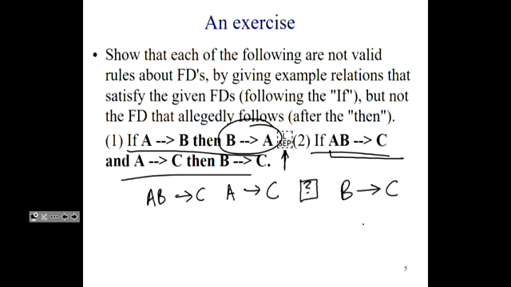Yes? If SSN and age implies name, yep. Then yeah. Okay, so A is SSN, age is B, and C is name. And you also have SSN implies name, but you don't have age implies name, right? Obviously enough. So that's a perfect example.